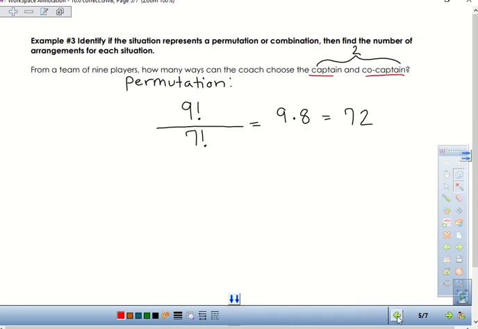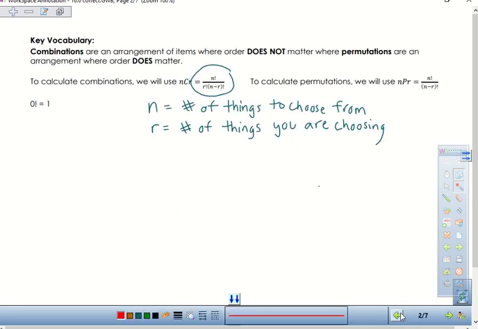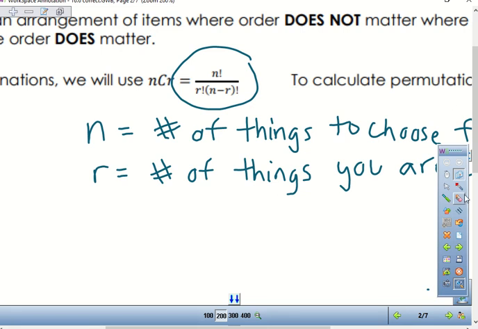Oh, it's because of the formula. The formula for combinations is the number of things you have to choose from over the number of things you are choosing, times the number of things you have to choose from minus the number of things you're choosing, and 8 minus 4 happens to be 4 as well.